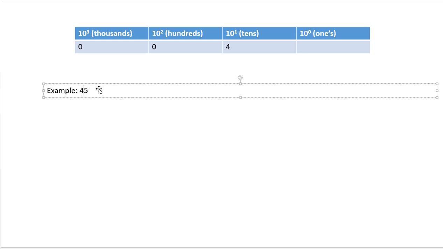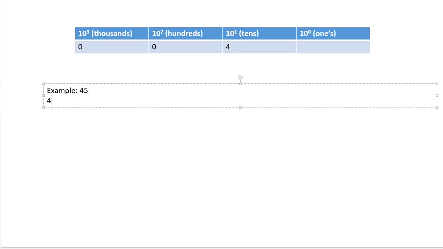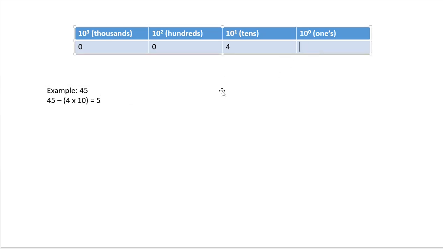Since 4 tens go into 40, we need to do 45 minus 4 times 10, and that's going to leave us with 5, because 4 times 10 is 40, and 45 minus 40 equals 5. How many ones go into 5? 5 of them. So we end up with the number 45.